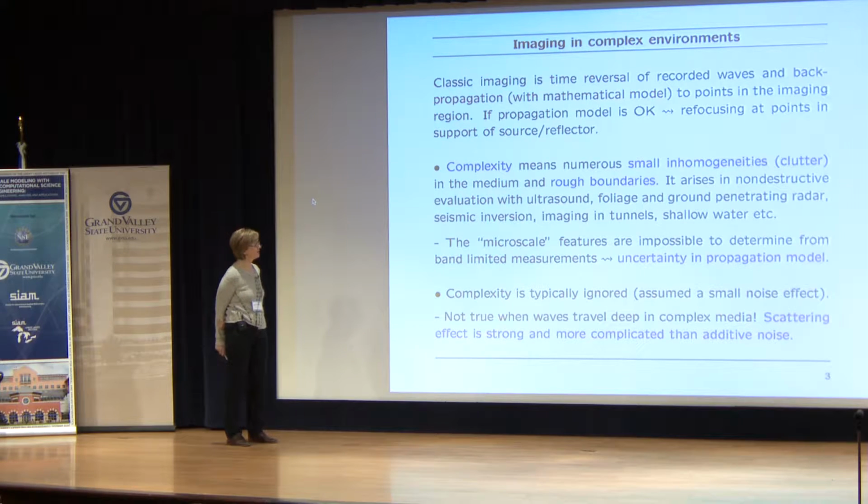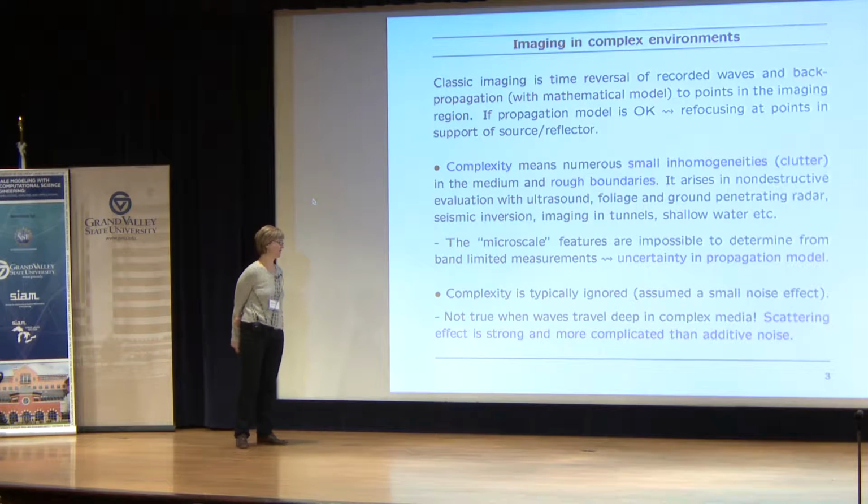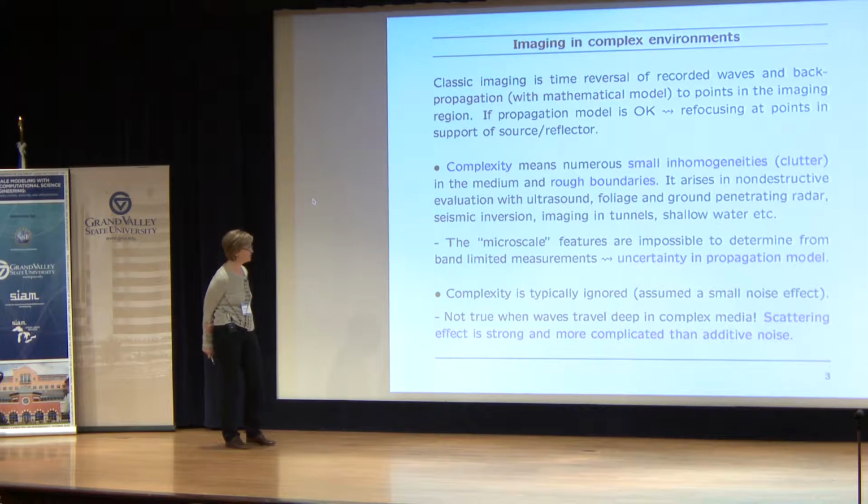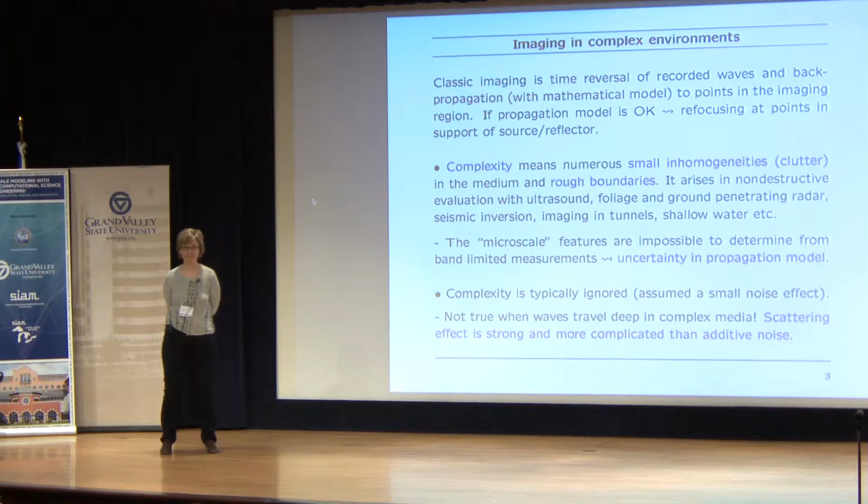And so what is usually done in imaging is that this complexity is mostly ignored under the assumption that, yes, it's there, but it just causes a small noise effect. So people consider models and they say that the effect of the complexity in the medium is just some additive noise.